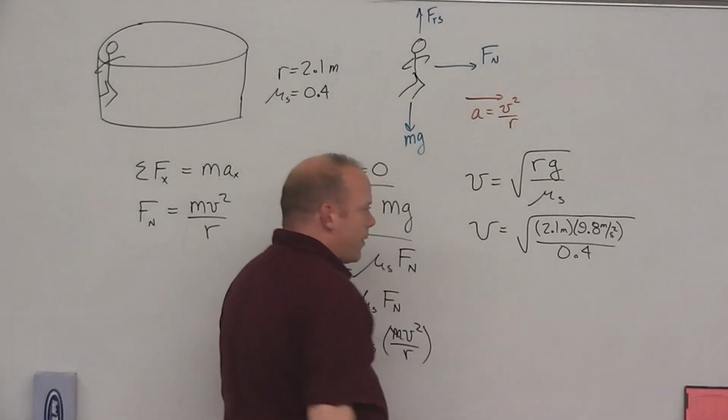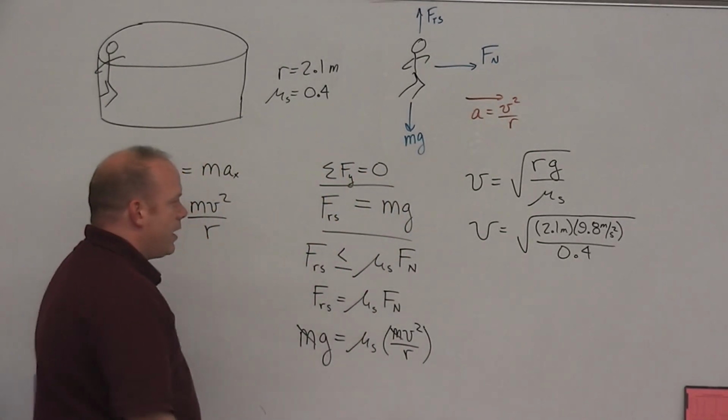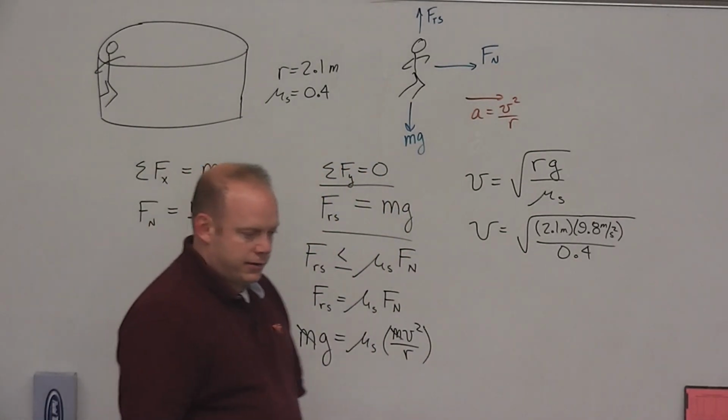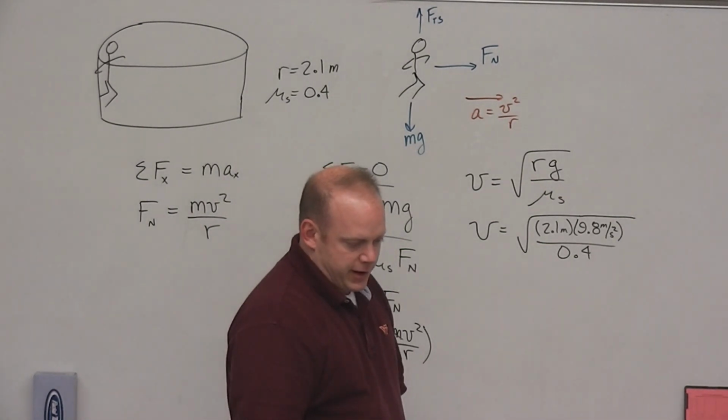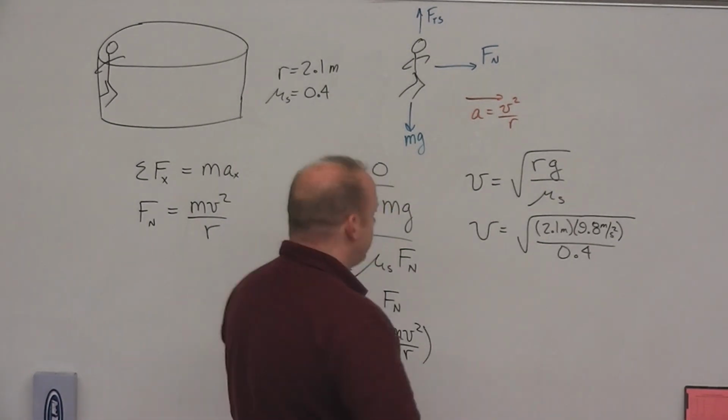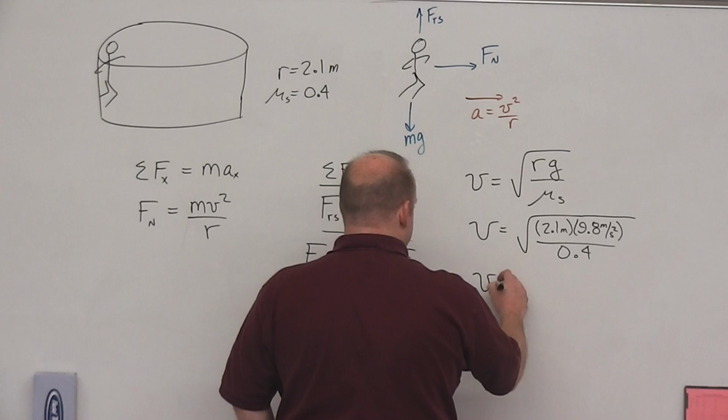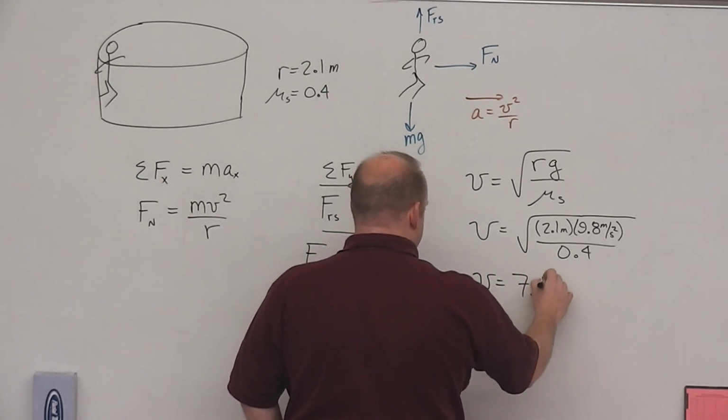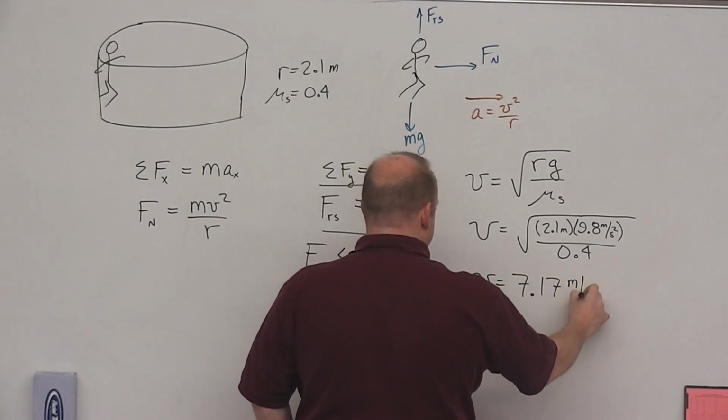Remember, mu is unitless. Take the square root and you wind up with a speed of 7.17 meters per second.